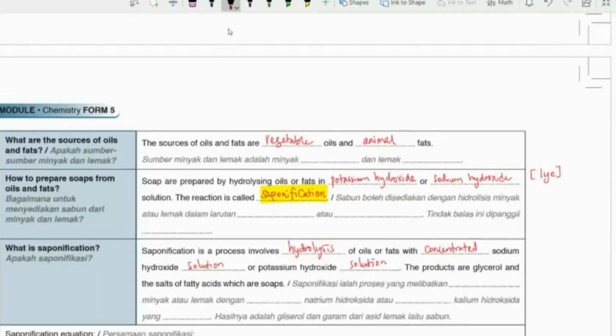The products are glycerol and the salts of fatty acid, which are the soaps.